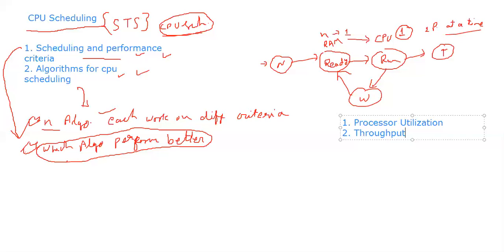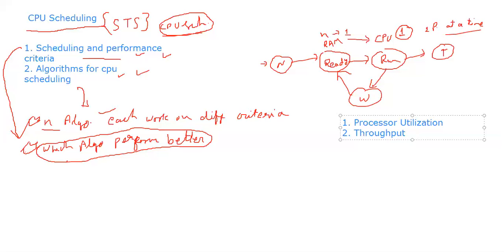Now, sometimes it's not necessary that throughput will give you the actual indication of whether my algorithm is better or not. Why am I saying this? Suppose all the processes which want to execute are very large, or they want to take a very large amount of time. Then what happens?